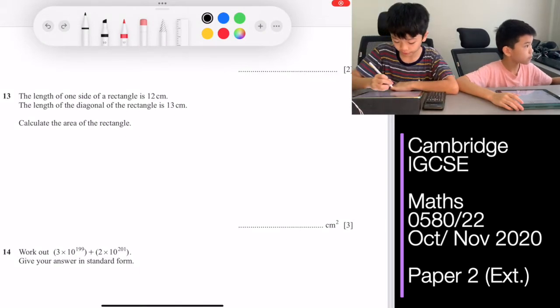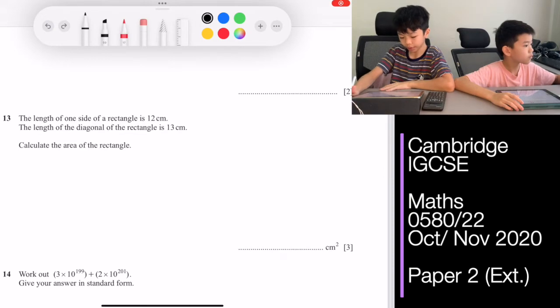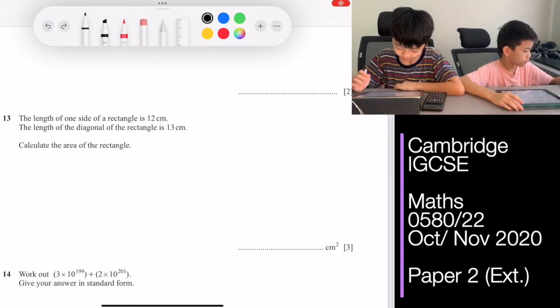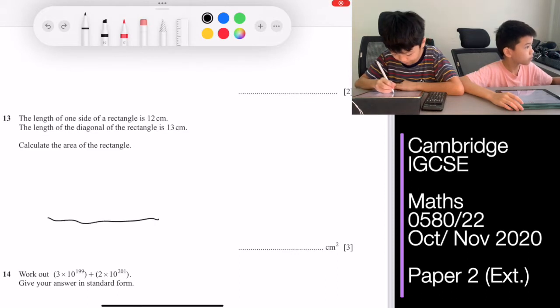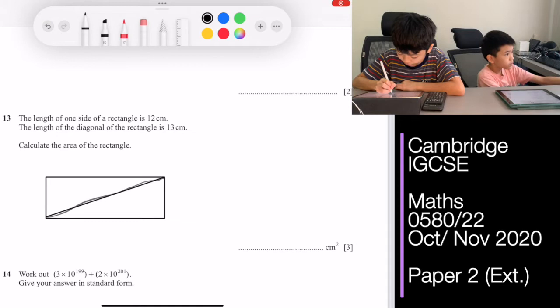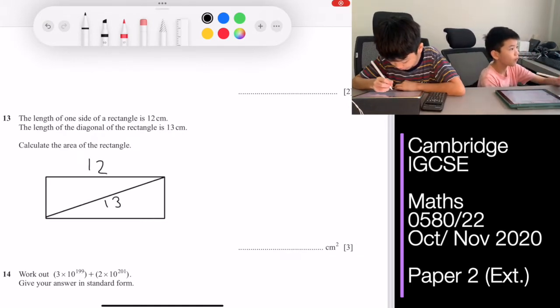13. Calculate the area of the rectangle. We've got the side of a rectangle, but we've also got the diagonal of the rectangle, which is 13. So we know the rectangle will look something like this, and one of the sides is 12, and this diagonal is 13.